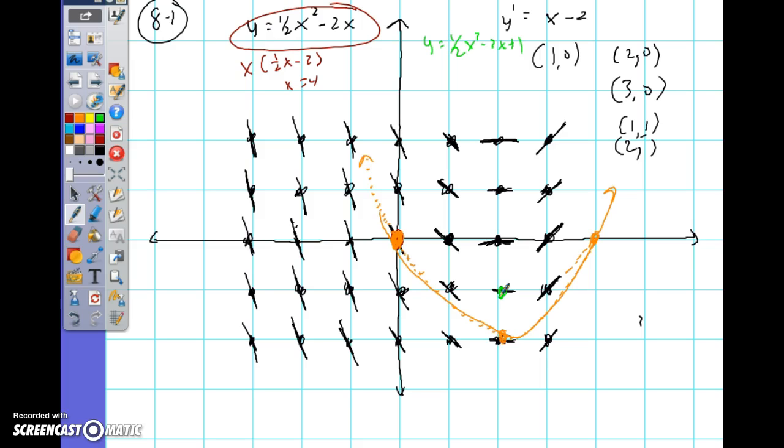Get out your calculators, throw it in your calculator, and see if we're graphing it correctly. How'd we do, Ann? First one looks good?